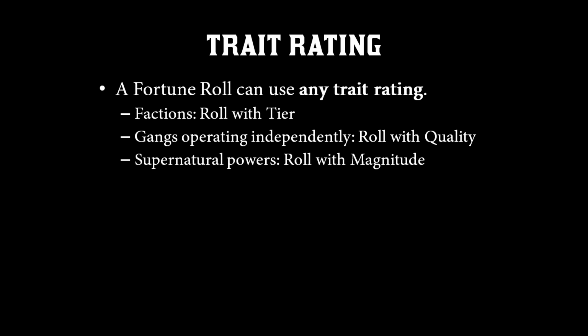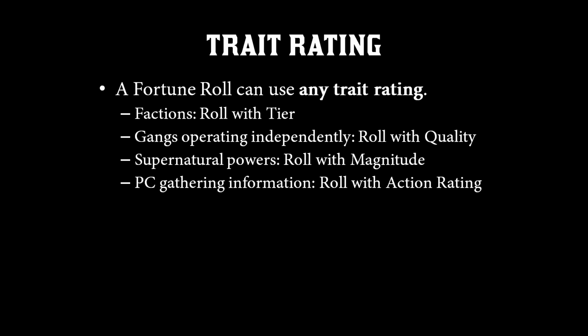Supernatural powers, you can roll with magnitude. That's pretty much just the trait rating you use for supernatural powers. PCs gathering information, roll with the action rating. Again, this is not an action roll, but you roll with the action rating.